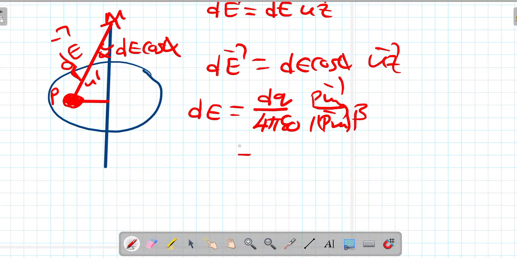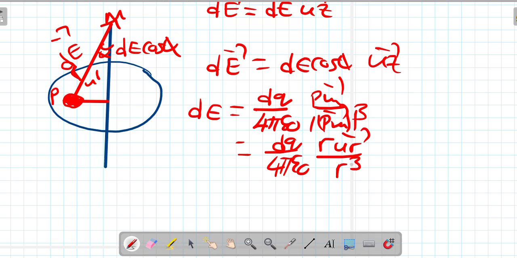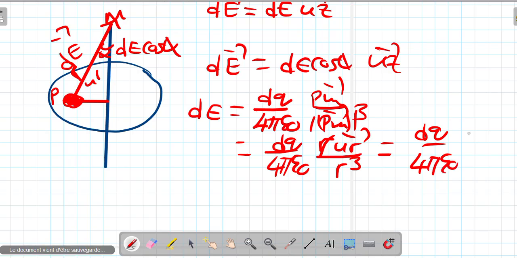So you're going to have dq over 4 pi epsilon 0, then PM, where you put magnitude and direction, the unit vector representing direction. The magnitude of PM to the power 3 is just R to the power 3, so this can cancel this R. We're going to have dq over 4 pi epsilon 0 R squared.